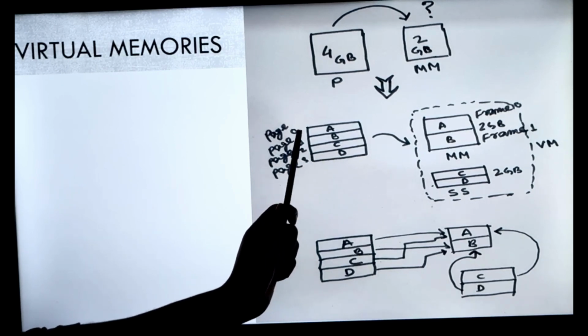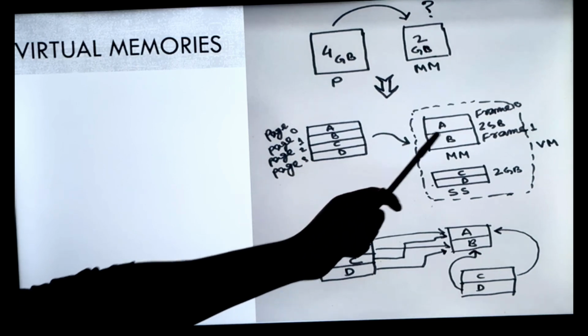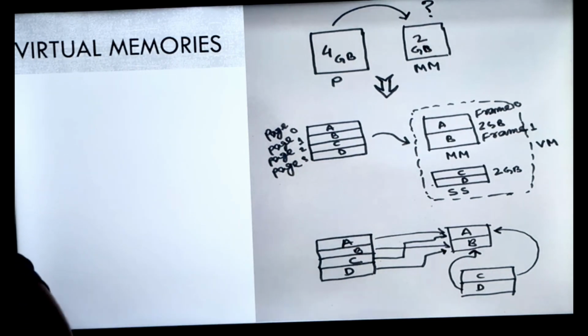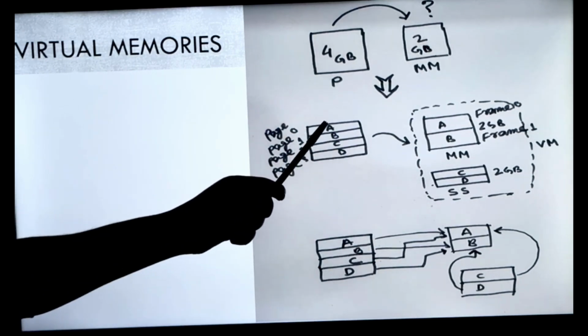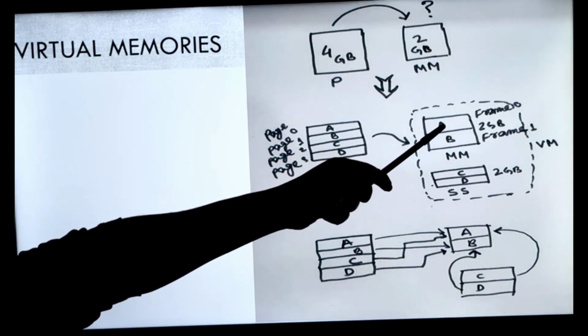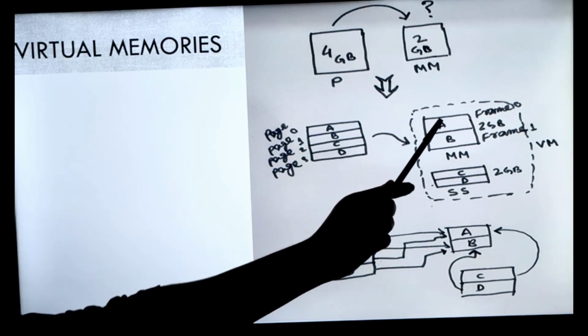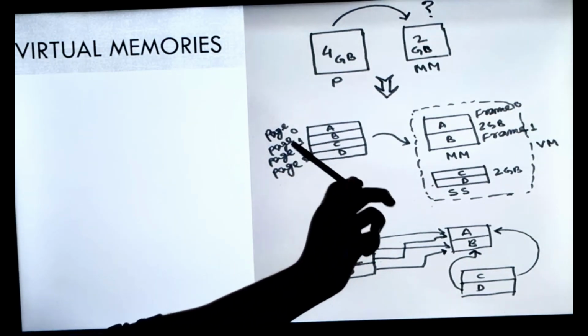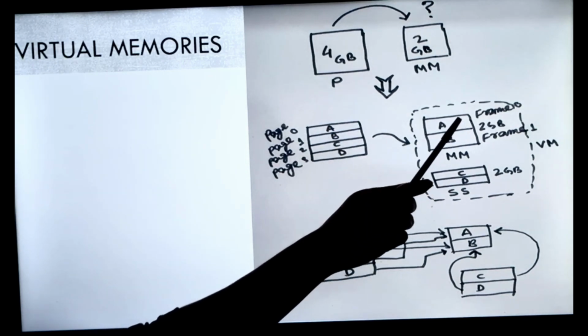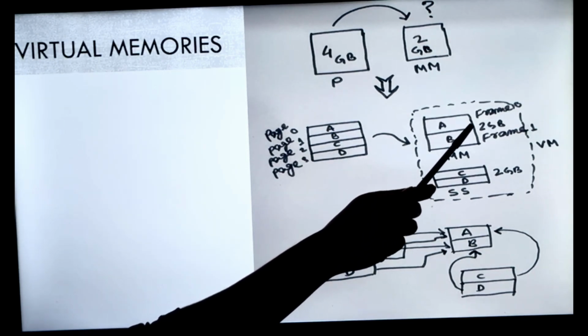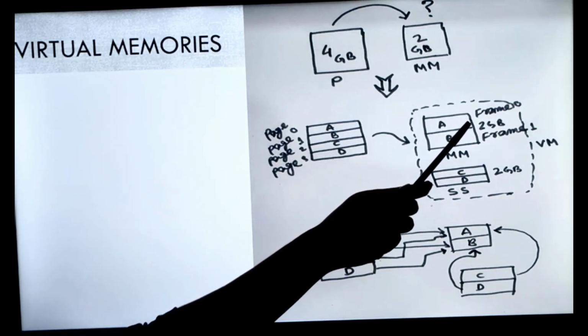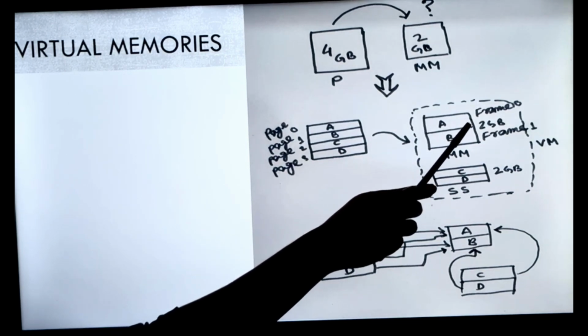Fine. Now whenever you want to insert these pages somewhere in main memory, obviously this slot size and this size should be exactly the same, otherwise you cannot copy this page here to here, right? So here we call it a page and here we call it a frame. What is a frame? Frame is the address where I am storing the pages from the processor.